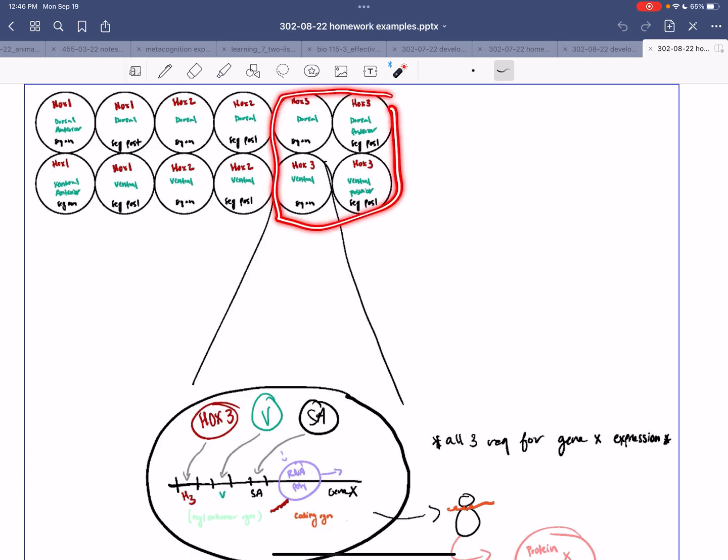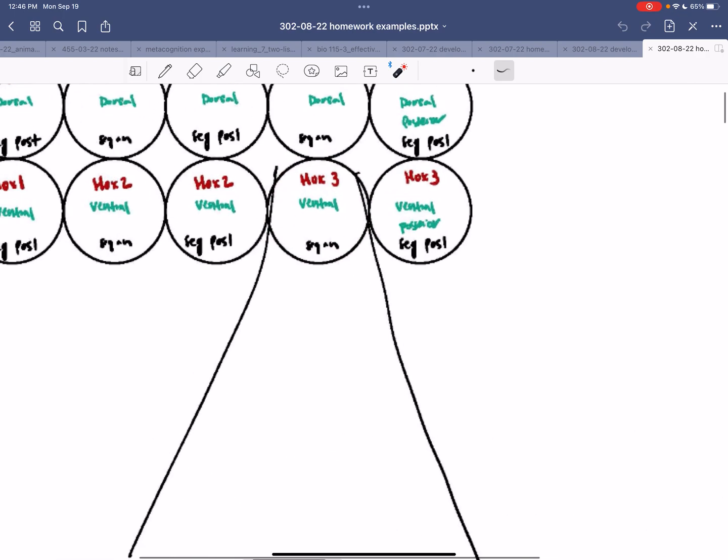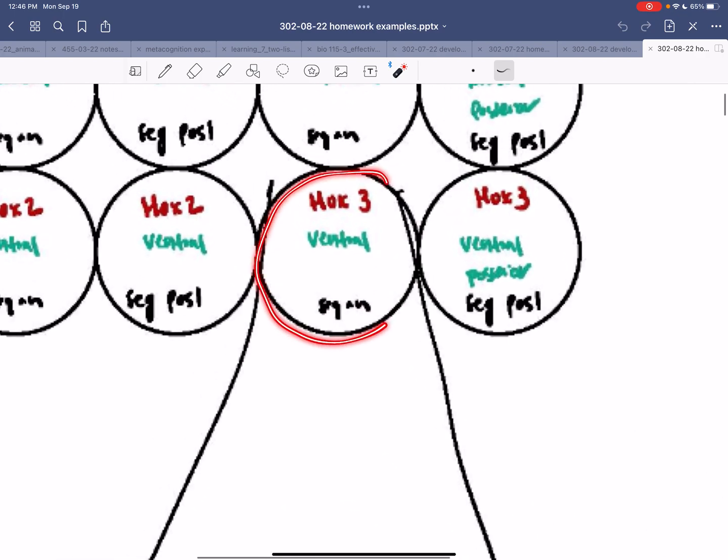Hox 3 and ventral is just these two. And then Hox 3, ventral, and segment anterior, that's an ANT. So this is the only cell that has those 3 proteins expressed. All cells have all genes, but only this cell in these 8 has those.